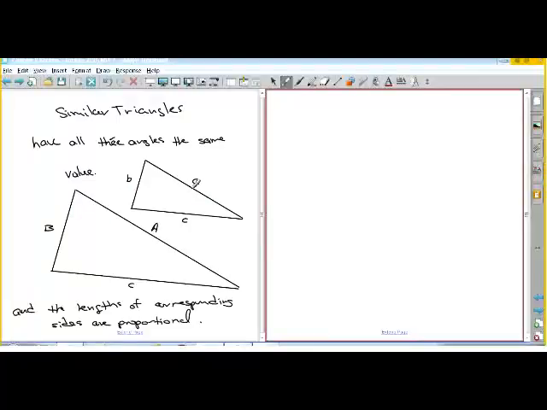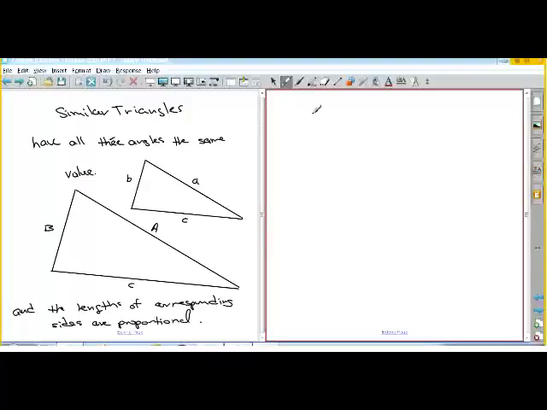So these are just pure ratios, meaning one number divided by another number. And you can either take the ratio between corresponding sides of the different triangles, or you can take the ratio of adjacent sides within a given triangle and compare them with the same adjacent sides in the other triangle.